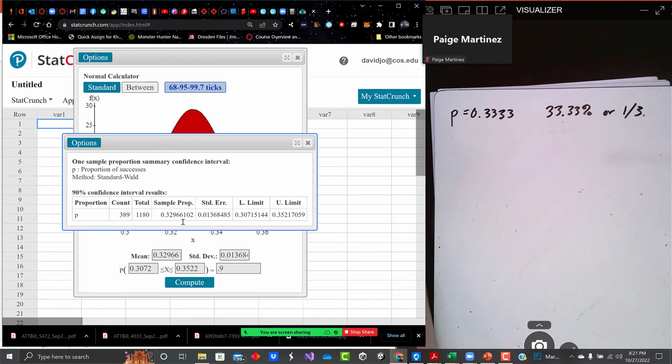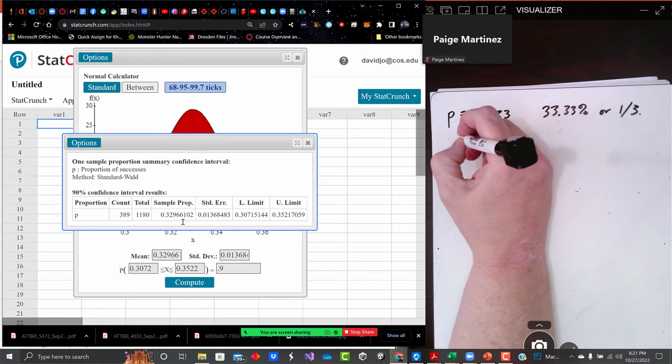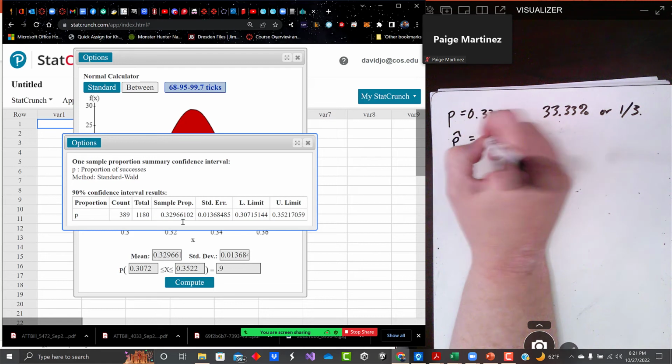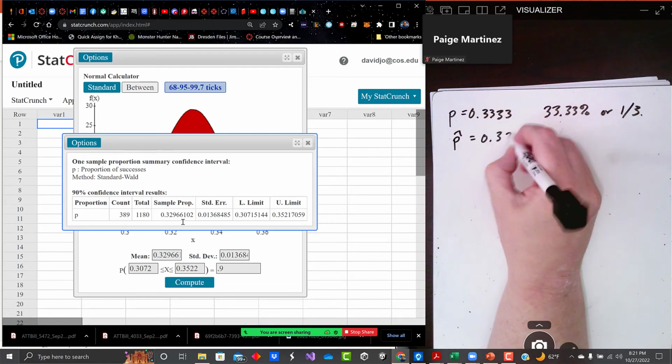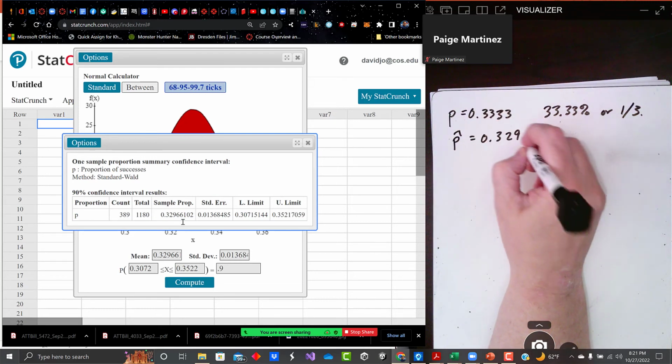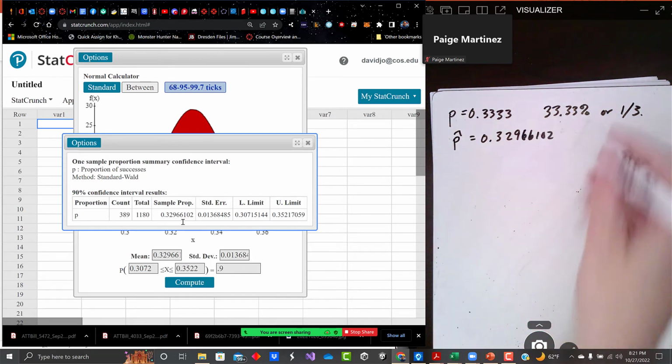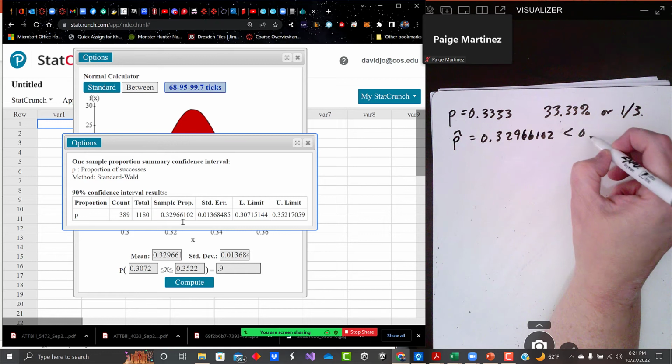We see our proportion. The p hat that we calculated was 0.32966. That's less than 0.333.